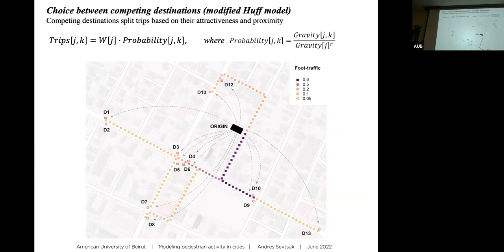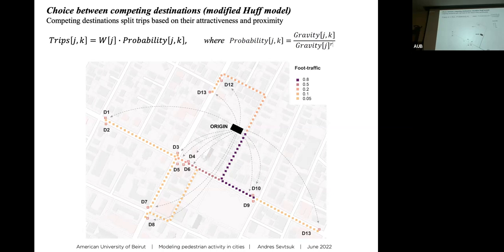We don't know exactly what destination a pedestrian is going to go to, and we therefore don't want to model the trip to just only one, for instance, the best or the nearest type of destination. What we do instead is we find all the destinations that are actually available within a reasonable walkshed distance, and then we compute a probability for each of them, and we split the trip up to each destination type.